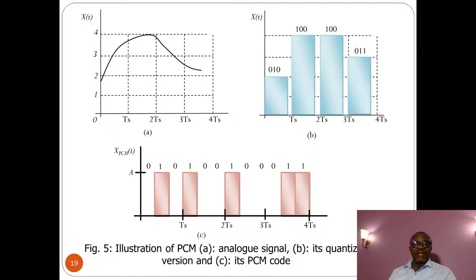In Fig C, we now transmit a pulse with amplitude A, 0, then 1, which we show in pink, then another 0. You see, it has transmitted that first blue pulse of 010.